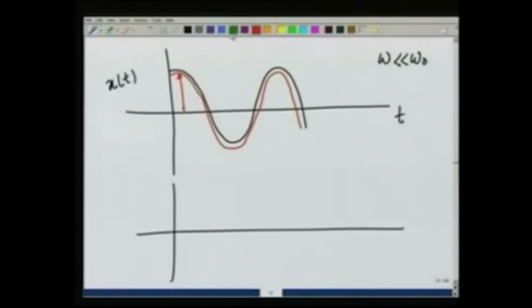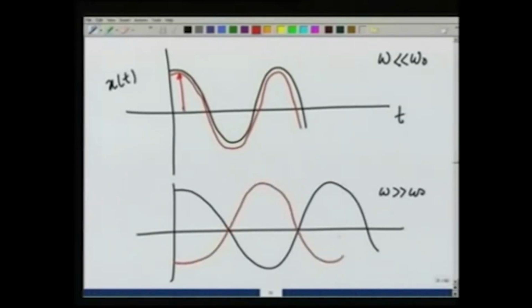On the other hand, if omega is much larger than omega 0, then if the force is like this, the displacement would be out of phase by pi. This is x of t. Black one is f of t. In between, the phase is somewhere in between, and so on.